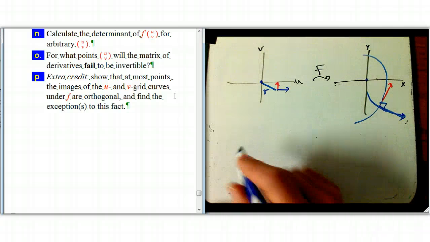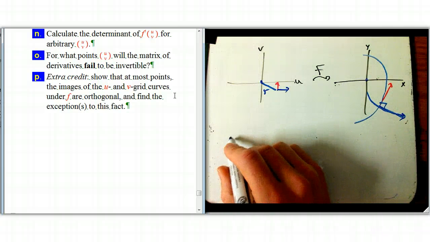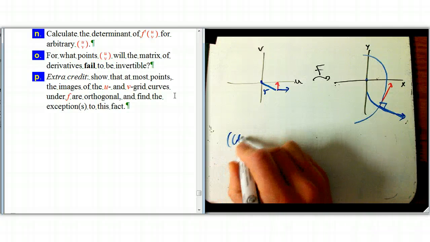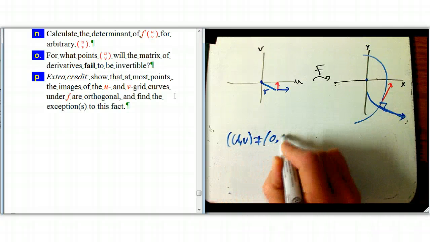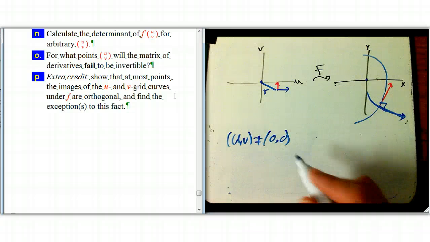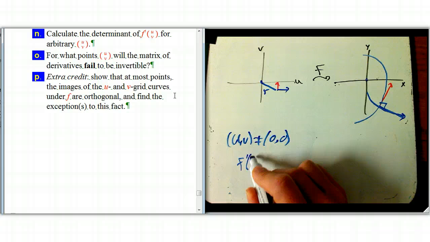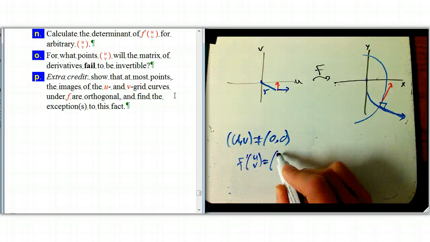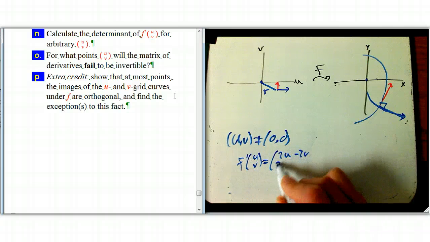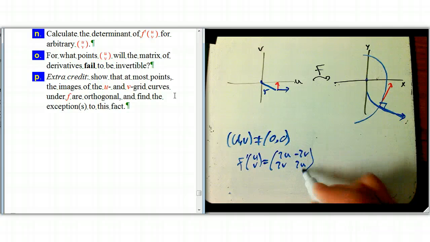Let's suppose (u, v) is not at the origin, and then we'll analyze the origin separately. If they're not at the origin, then f prime of (u, v), I'm just going to write it out one more time, is [2u, -2v; 2v, 2u].